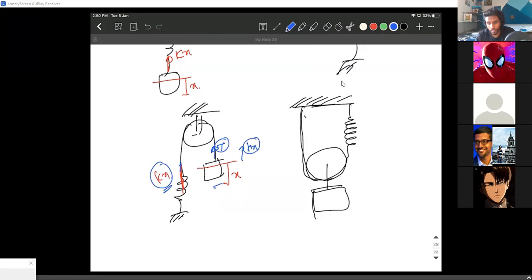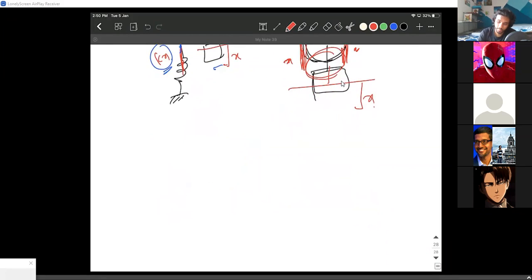But look at the fifth problem. This is an interesting one. If I pull the block down by a displacement x, the pulley has to come down by x, which means there will be an x here and an x here. Both the x's will be taken from the spring only. So the spring is actually expanded by 2x. Now the problem is not over yet.